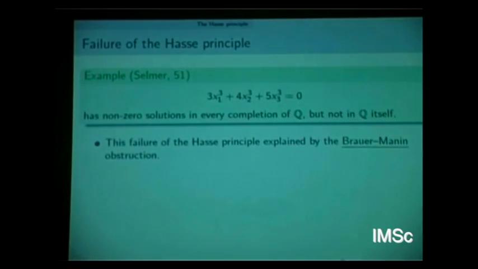But for certain forms, so forms which are sufficiently non-singular and in sufficiently many variables, this Brauer-Manin obstruction shouldn't exist.